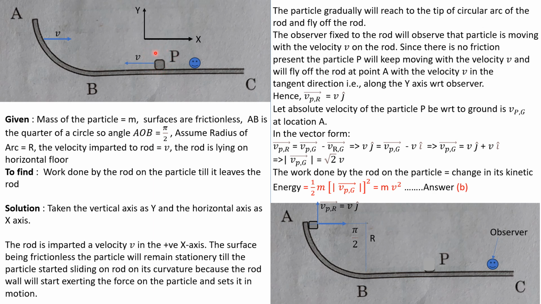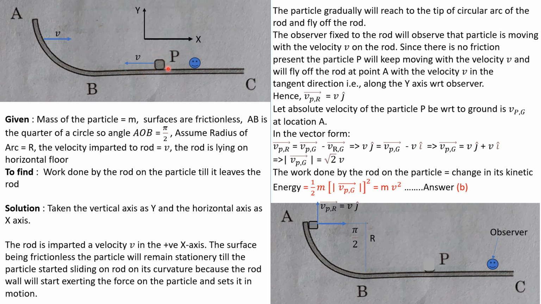Initially, the particle was not having any kinetic energy, and finally when it leaves the rod it has motion, so it will have kinetic energy. To know the work done on the particle by the rod, we calculate the change in kinetic energy of the particle.